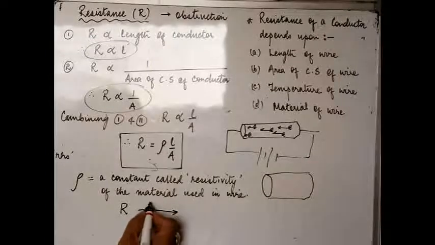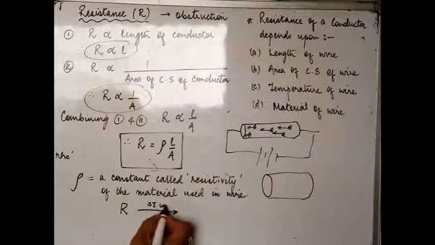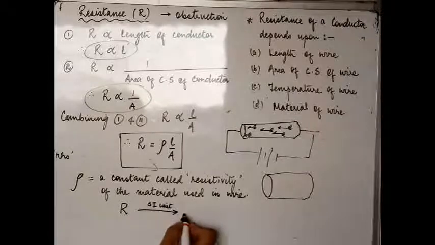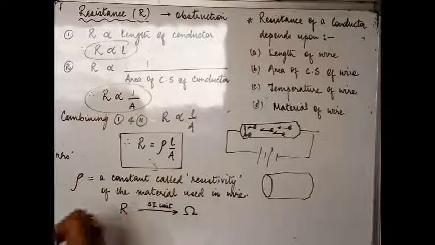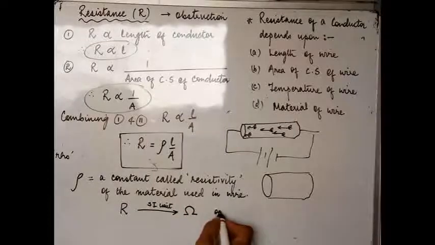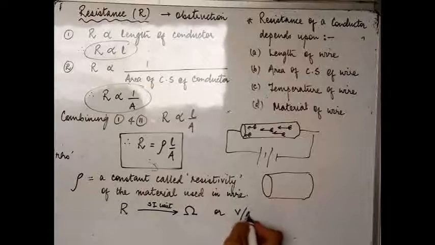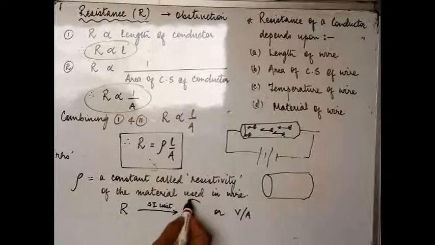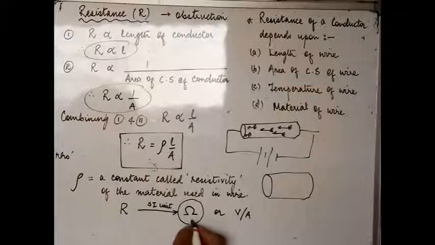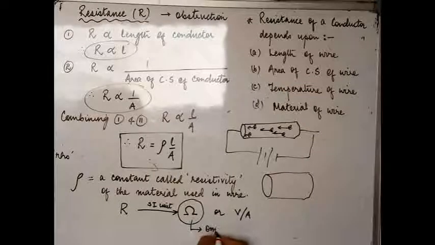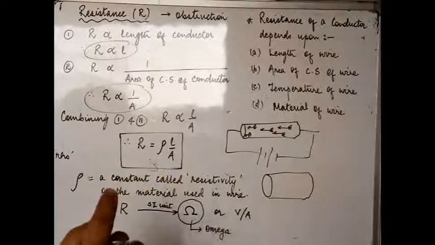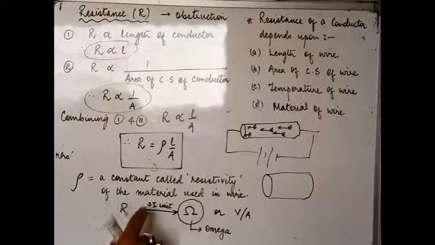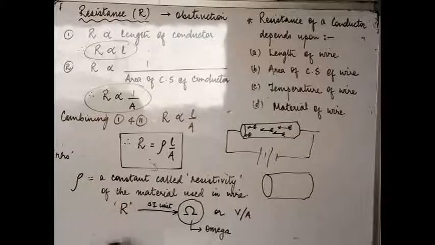The SI unit for resistance will be ohms, and when we study Ohm's law, we will also study that it is volt per ampere. For the time being, this symbol is known as omega, by the way. What does this symbol represent? It represents the SI unit of resistance. So this is known as ohms.